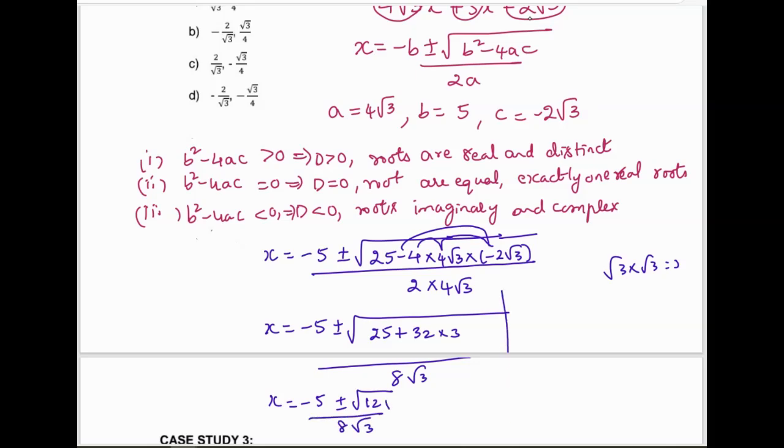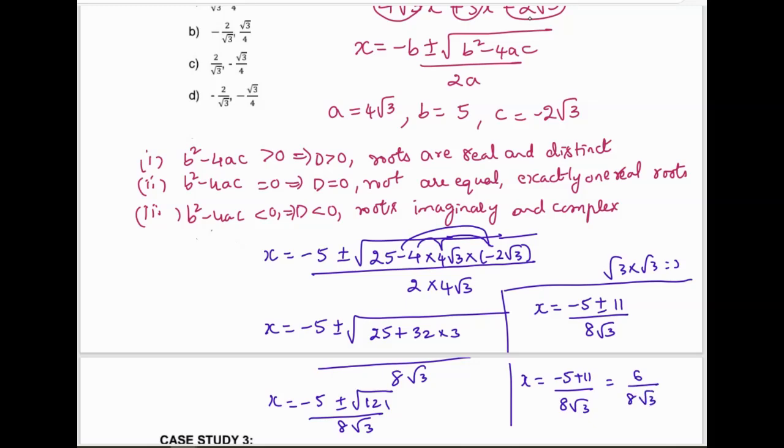So now x will be minus 5 plus or minus 11 divided by 8 root 3. If you separate them, we get x equals minus 5 plus 11 over 8 root 3. It will give you 6 divided by 8 root 3.